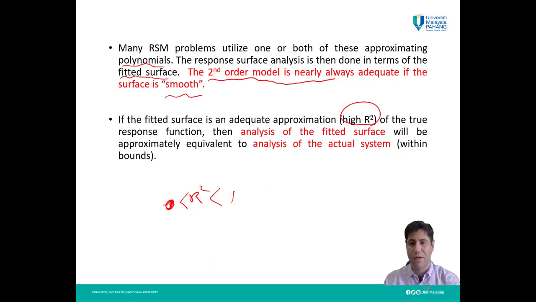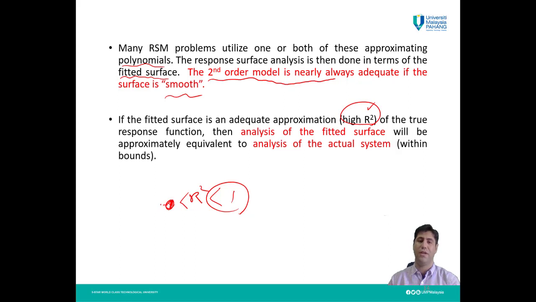So higher R square is desirable, closer to 1 actually. And it can be between negative 1 and 1. However, we are usually interested to find the value between 0 and 1 to show the accuracy of the correlation, or how robust the correlation between the response and factors is.